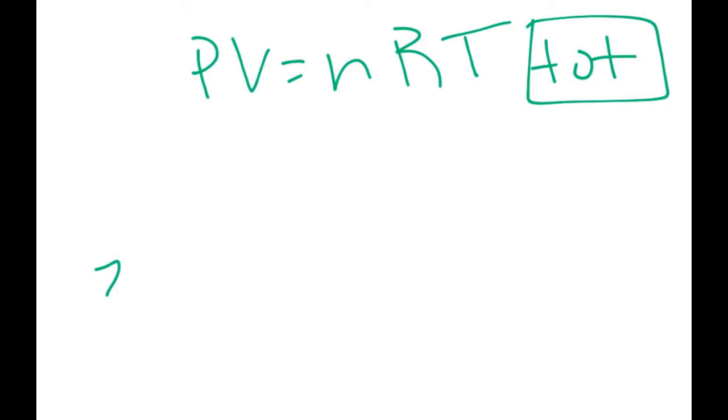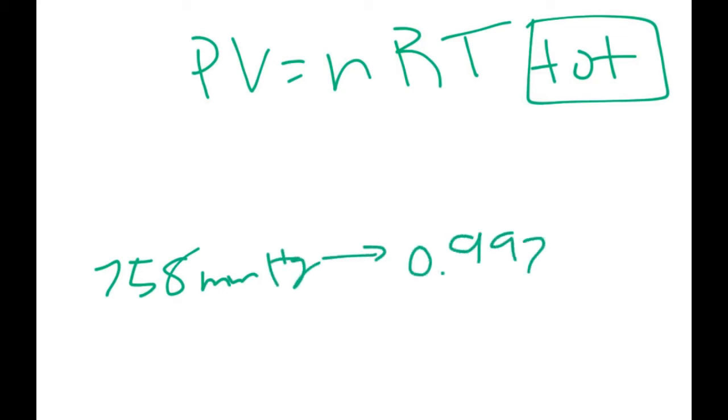Now we can't plug that in, we need to change this. So 758 millimeters of mercury divided by 760 will give us 0.997 atmospheric pressures. And note that you should use a calculator to do that, or else you would be wasting a lot of time.